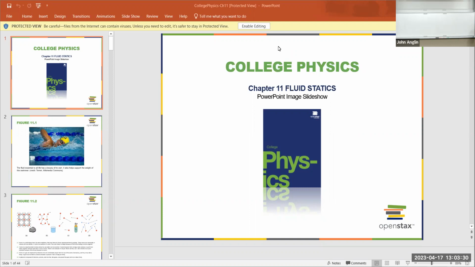So expect something very similar to the format of the last test, where you'll have a few things that come from the homework, and you'll have a few questions that I will expect you to do some work, scan it, send it to me, and I'll take a look at your work from there, so that we can cover everything that I think is important from this chapter.